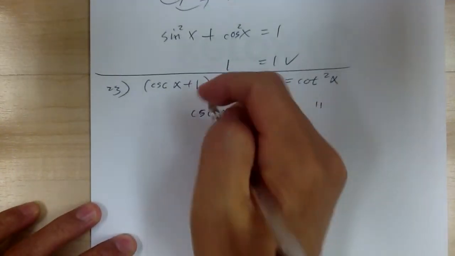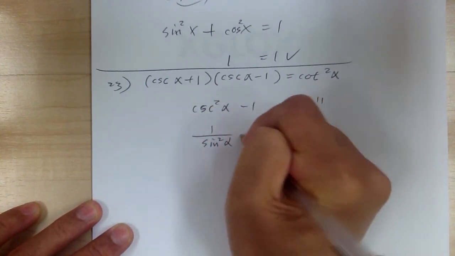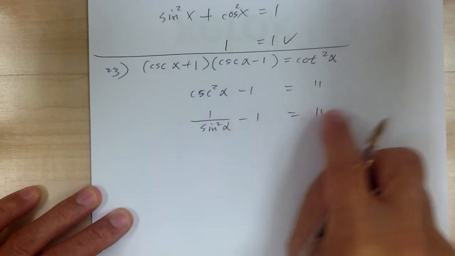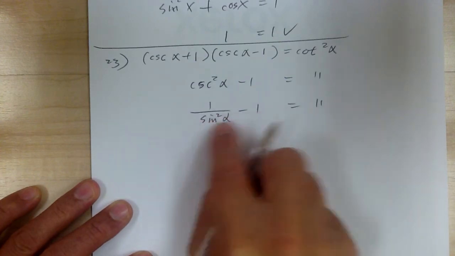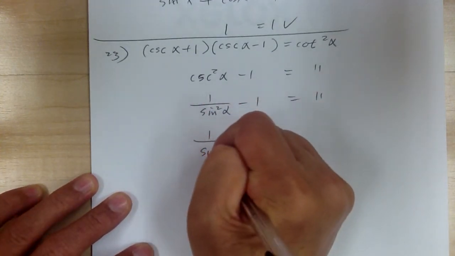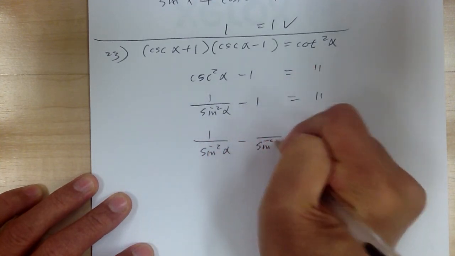Now you can go and change. So cosecant is 1 over sine. Okay, and then when you're going to subtract, notice, try to get to that side. This has only one term. These are 2 terms. So to subtract or add fraction, you need to get common denominator. So make this into common denominator.